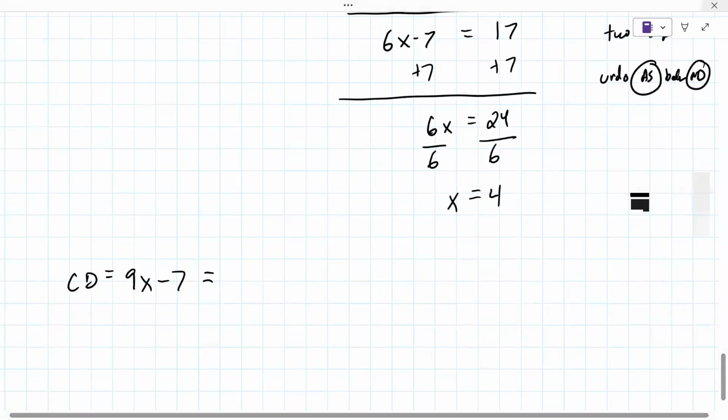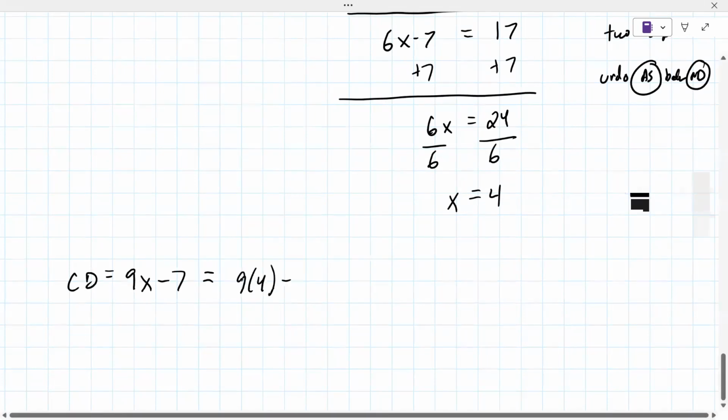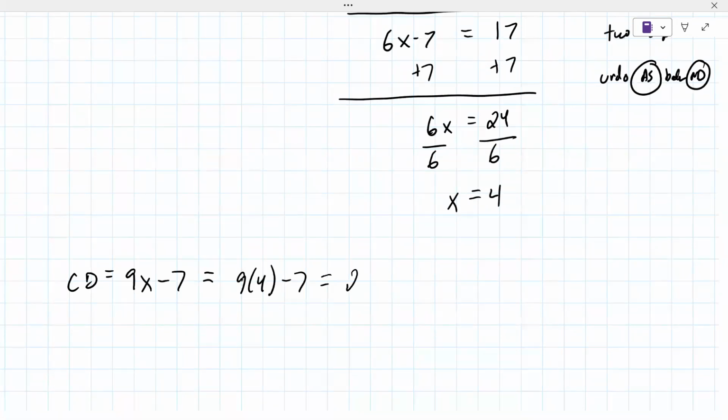You have the x value. Can you use that now to determine the length of CD? So that'd be like 9 times 4. Yes. 29. Okay. What is the length of CE?